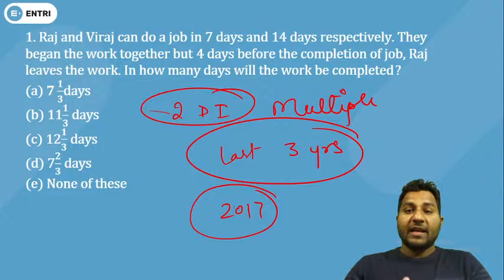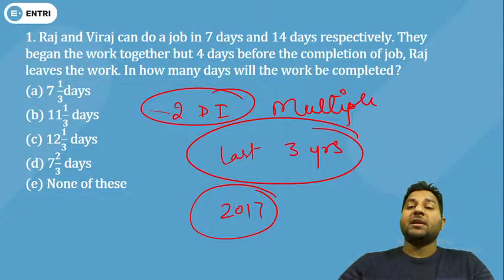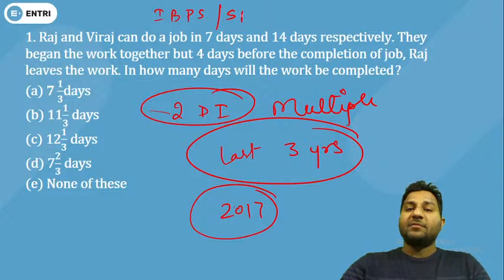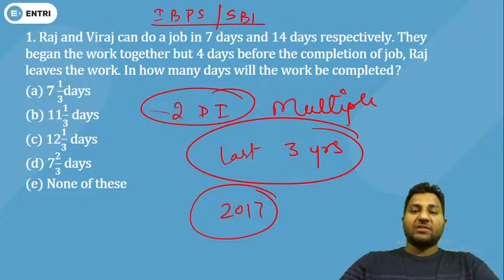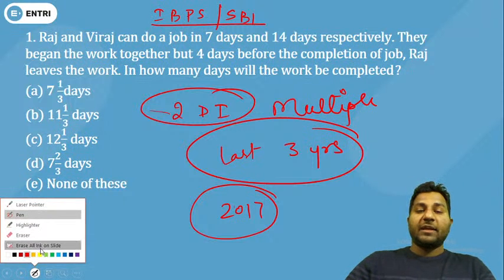So you need to understand that time and work has given 2 DI in these 3 years, whether we are talking about IBPS PO or SBI PO. So just solve this one and start the concept easily.